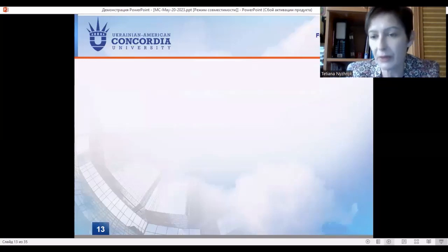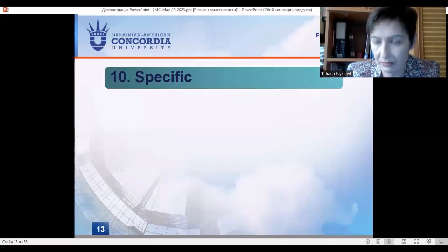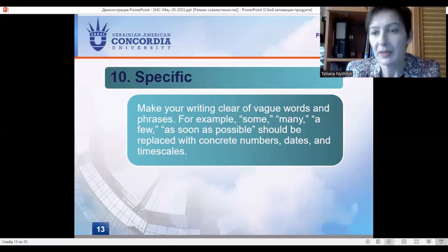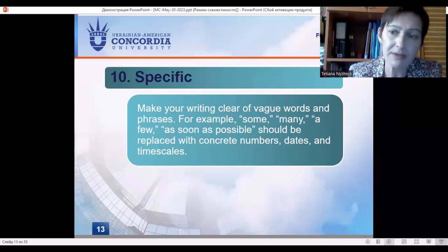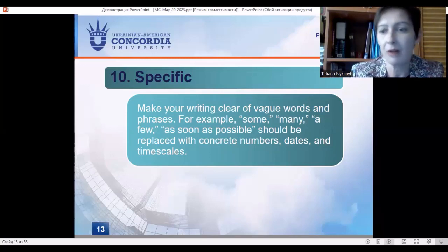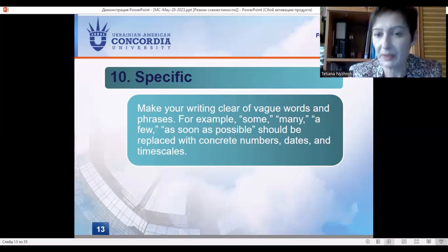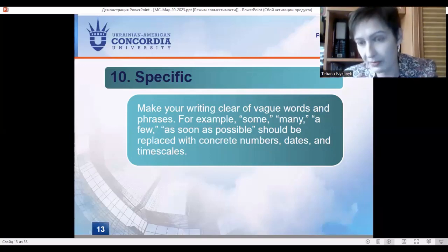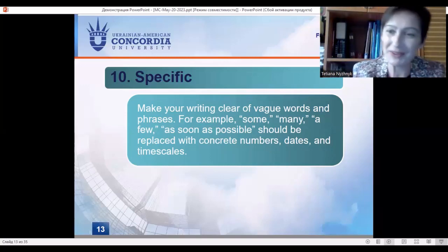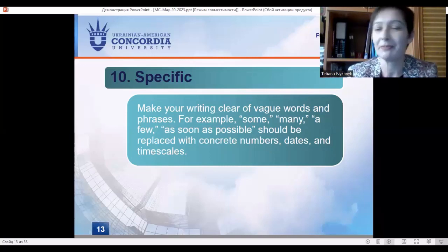Finally, business writing is specific. Specific is the opposite of vague. Another synonym for specific would be concrete. That is, business writing depends on concrete numbers, concrete dates, and concrete timescales, which actually brings you to the first fundamental principle, which was about fullness or completeness of the message.